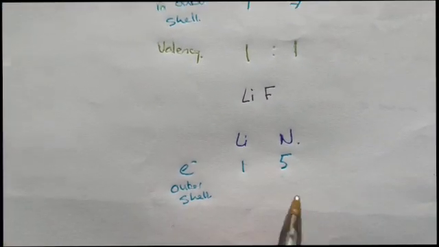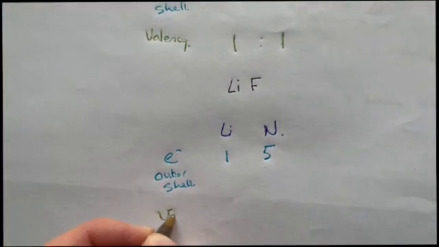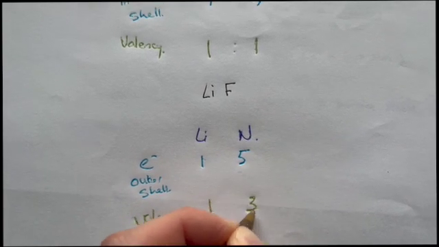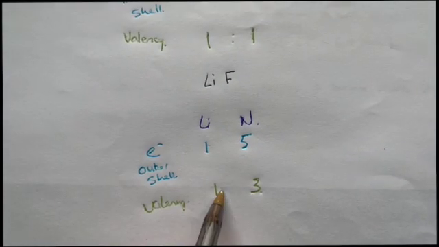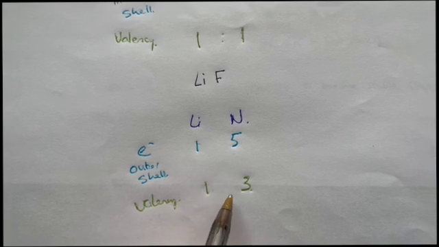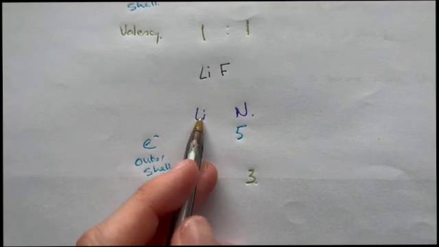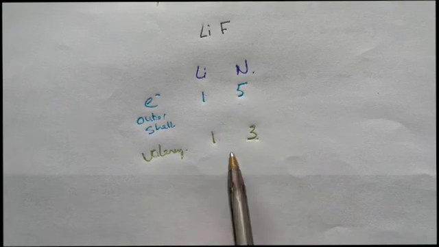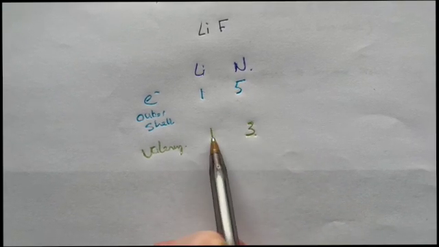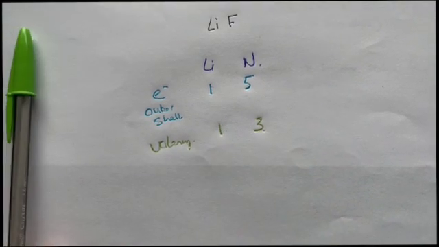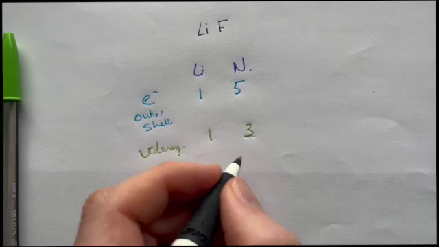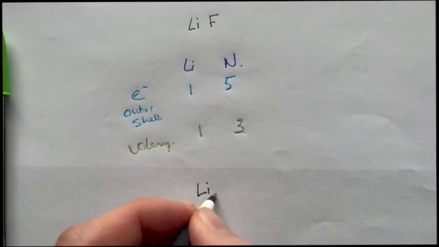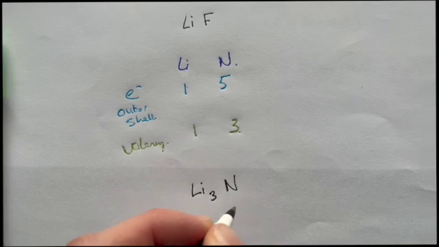So I now have my valency of 1 and 3. I no longer can do a 1-to-1 ratio. I need to have 3 lithium for each one of my nitrogen, because each lithium is only providing 1 electron. So then it's lithium 3 and nitrogen.